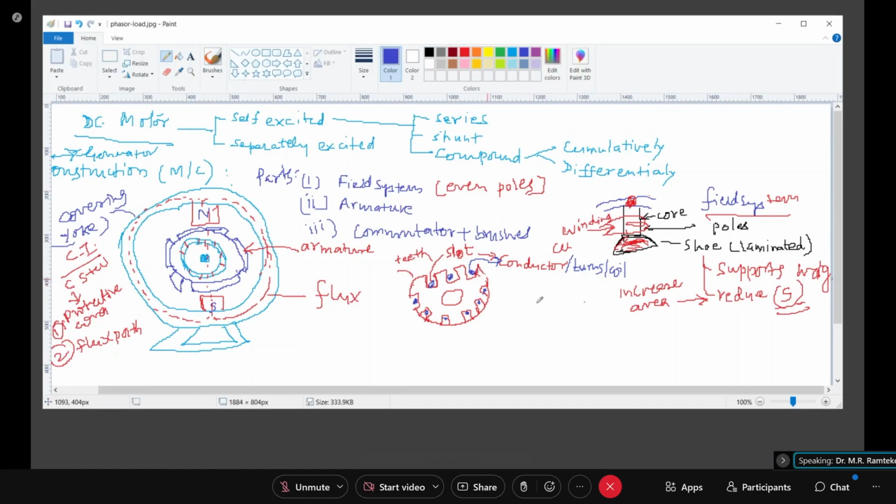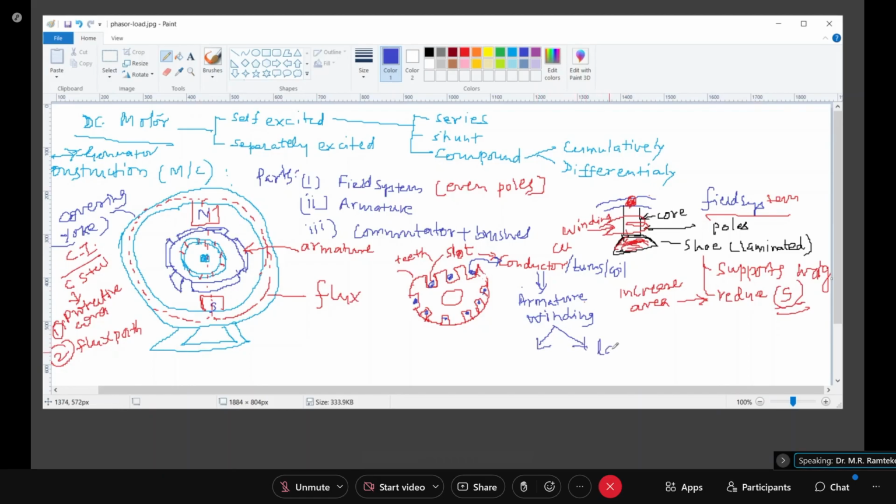They are connected in a particular fashion, and we make it an armature winding. The conductors are nothing but the armature winding or armature coil.